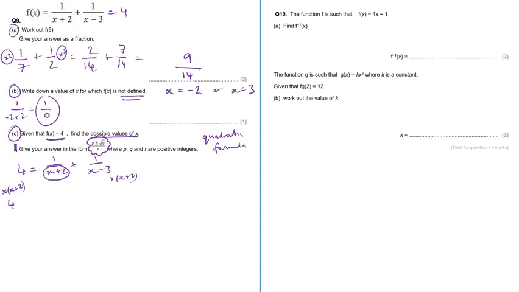over on the left we've got 4 open brackets, x plus 2 close brackets. The first fraction here we're left just with 1, and the second fraction we've got x plus 2 on top, now, x minus 3 on the base. And now we're going to multiply both sides by this.